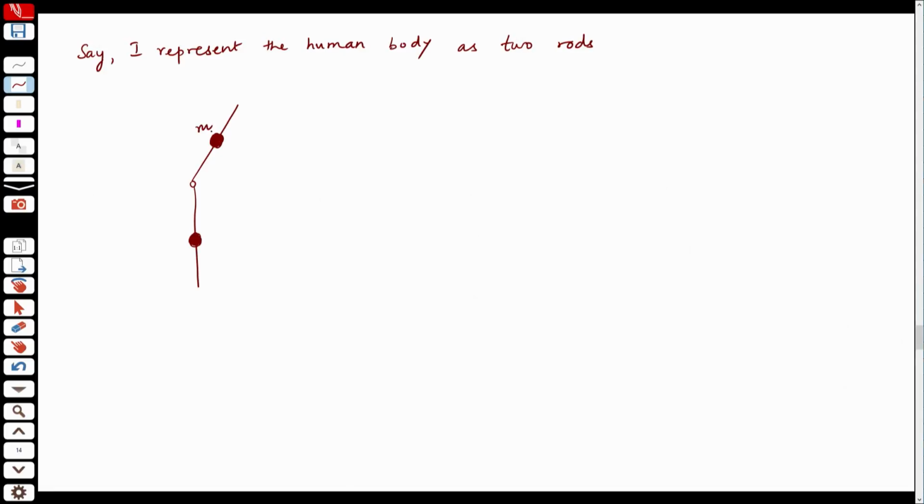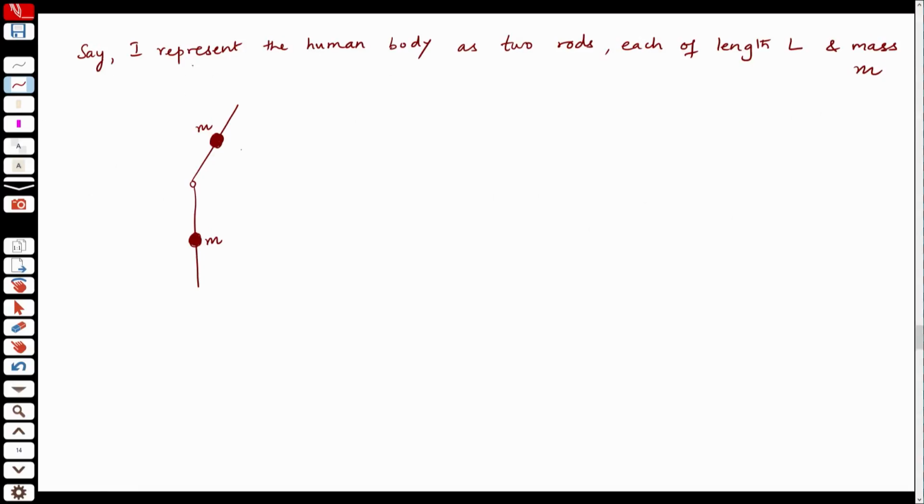Let us say I have a rod of mass m, two rods connected by a joint. Let us say each one is of length L and mass m. Okay.